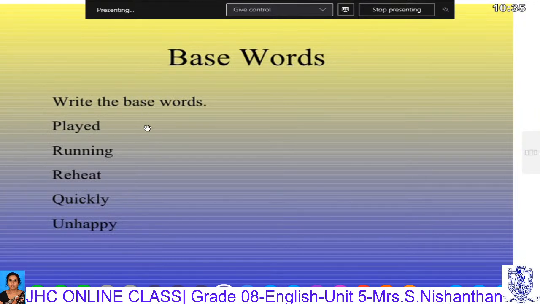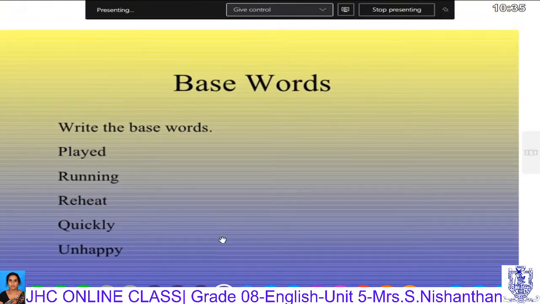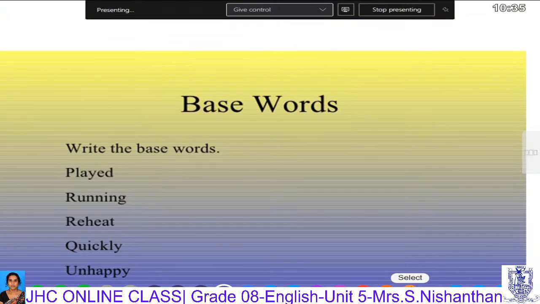Can you find the base words for these? These are not base words. You have to find out the base words. Played. In played, we added a suffix. So what may be the root word? Play. Running. What is the root word here? Run.